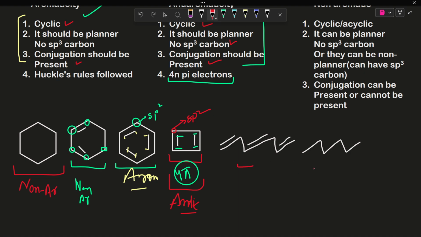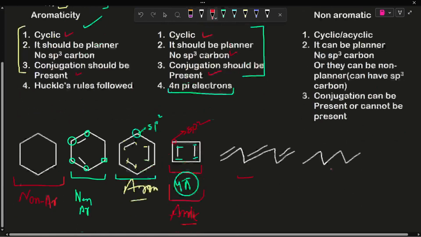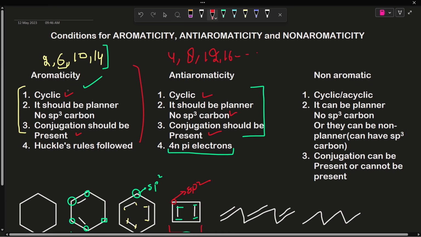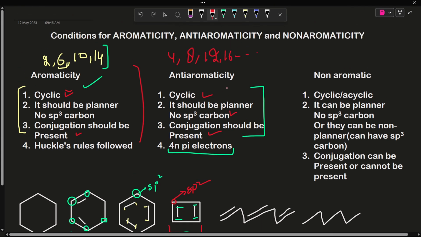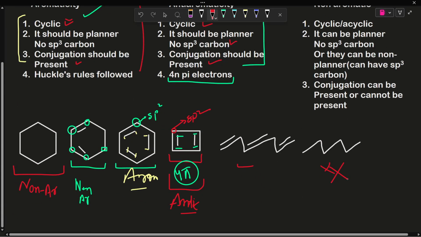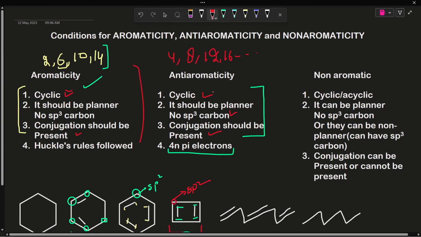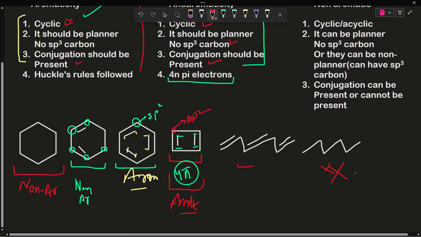Before this molecule, let's take this one. Is it aromatic? Let's check for aromaticity. It should be cyclic, but it is not. It is acyclic. In the same way, for aromaticity and anti-aromaticity, it should be cyclic, but it's not.